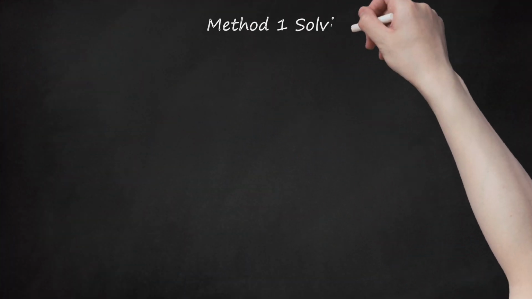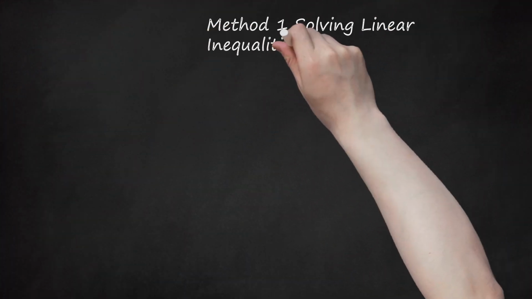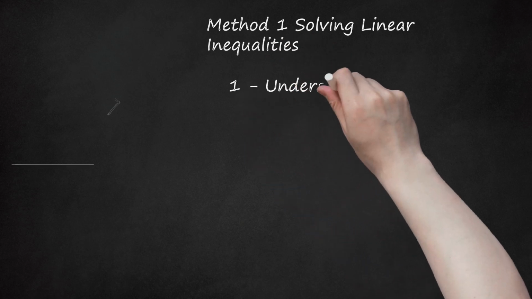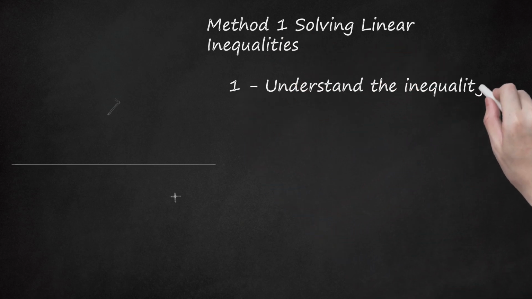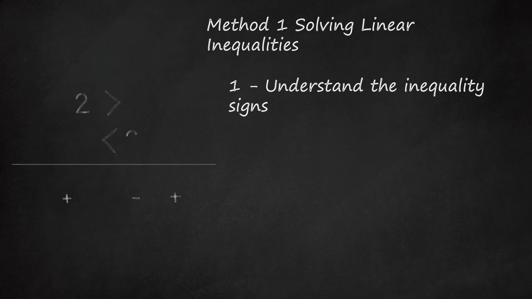Method 1: Solving linear inequalities. 1. Understand the inequality signs. An inequality is like an equation, except instead of saying that the two values are equal, an inequality shows a greater than or less than relationship. The > sign means greater than.